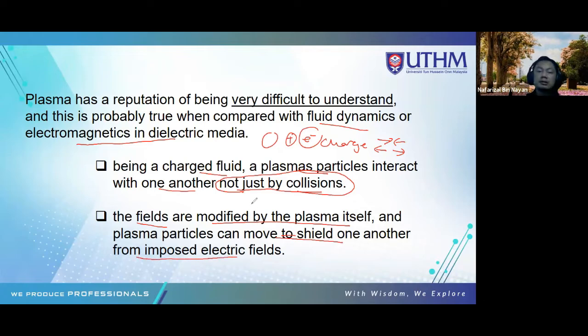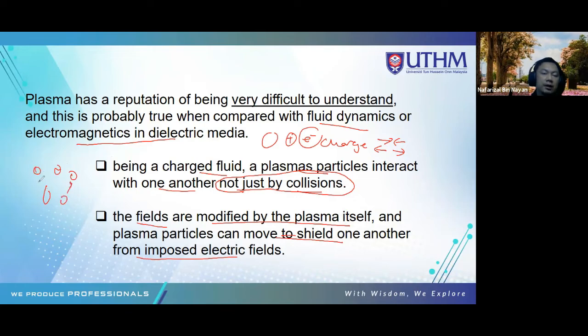Because these are charged particles, when they move, they create some electric field. That electric field will be screened by other particles that have a charge, right? So it's not just a common gas moving around.